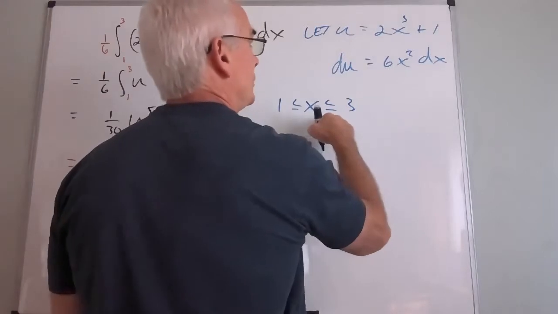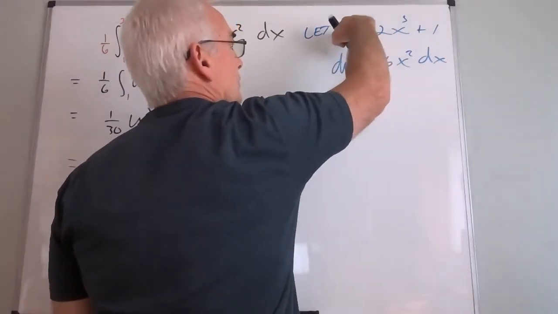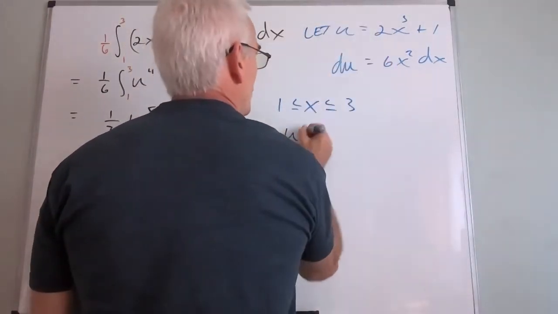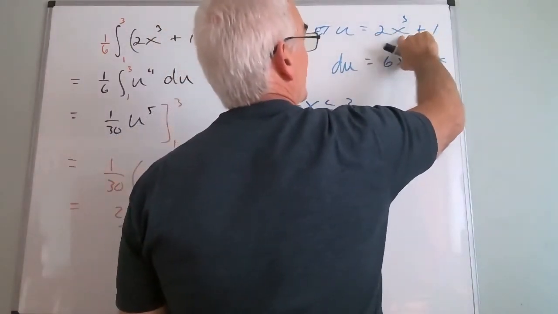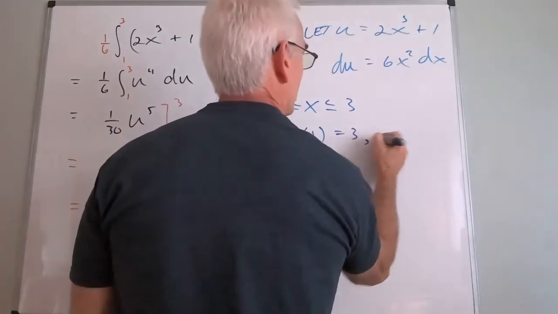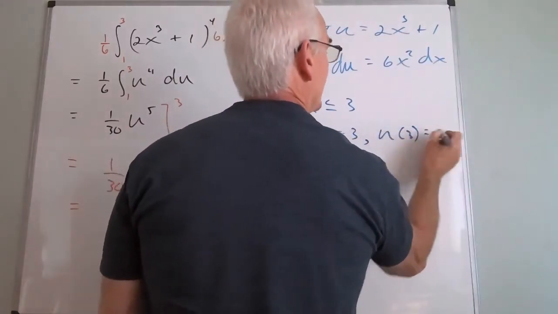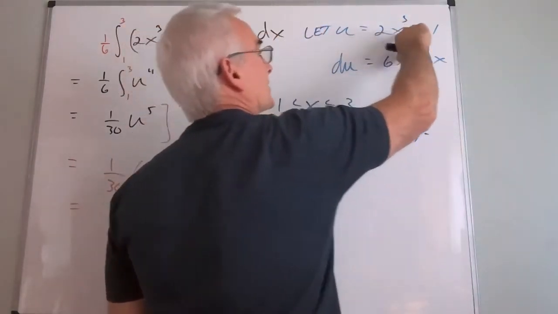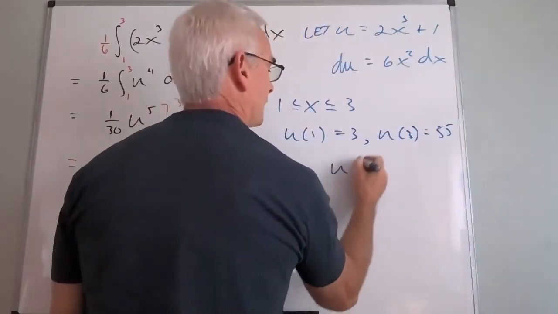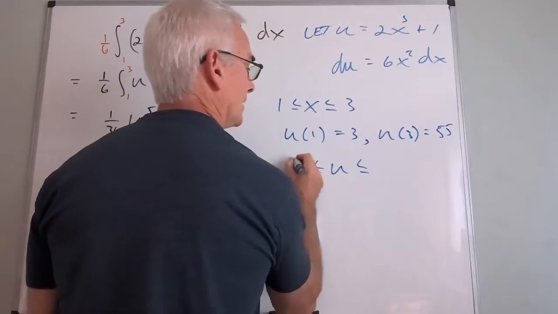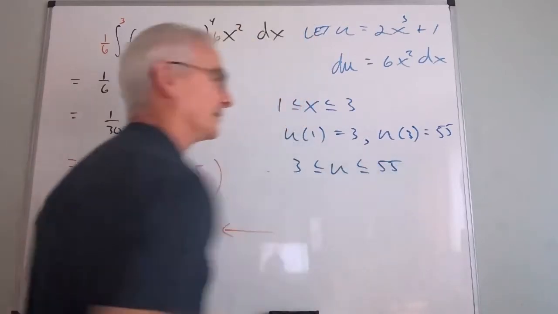What would happen to u? Well, technically u is a function of x. So u of 1 equals what? 2 times 1 cubed plus 1, that's 3. u of 3 equals 2 times 3 cubed plus 1, that was 55. So therefore u will range between 3 and 55.